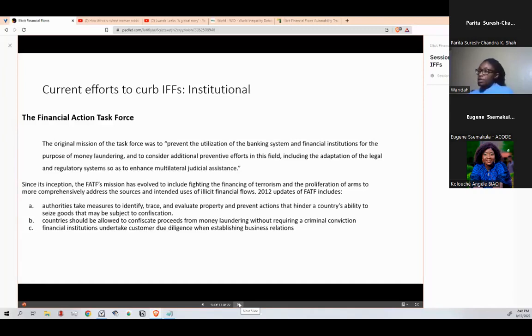this task force looks at the banking system and financial institutions. But the main problem with it is that it had unintended consequences, such as when it comes to the classification of countries.